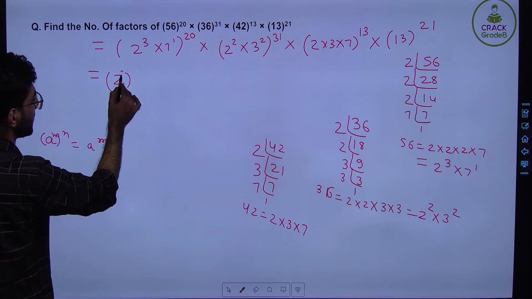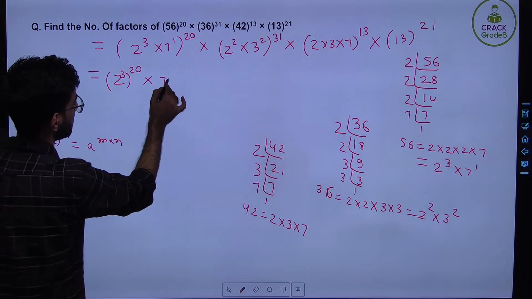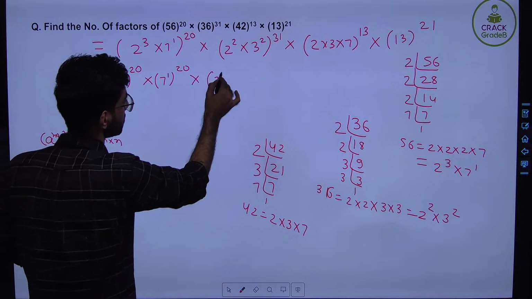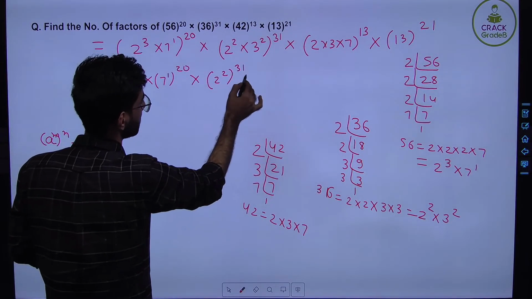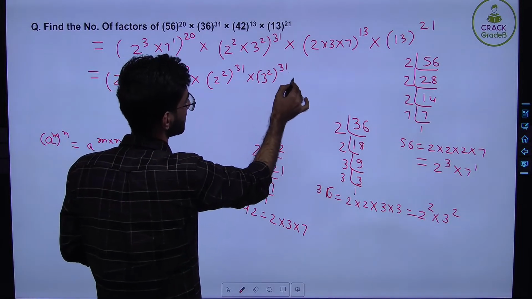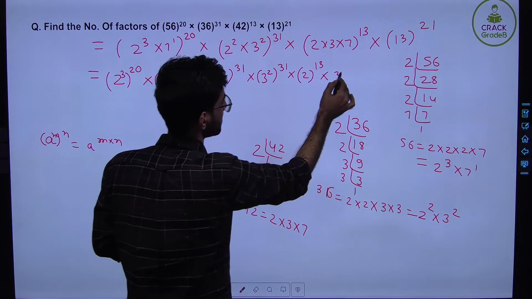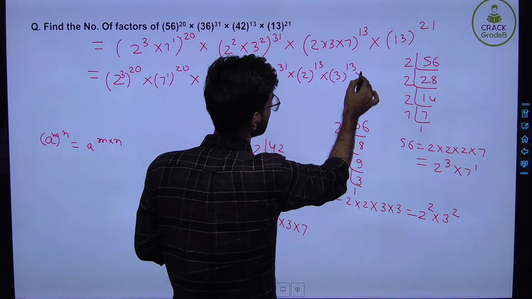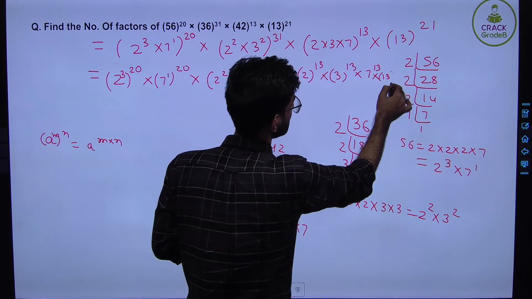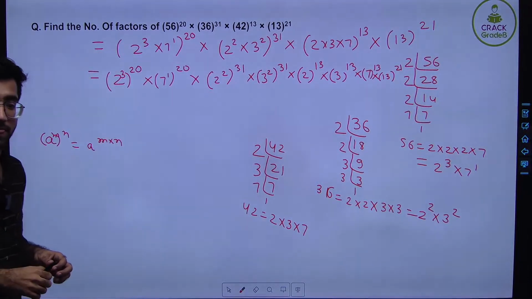So 2 to the power 3 into 20, 7 to the power 1 into 20, 2 to the power 2 into 31, 3 to the power 2 into 31, then 2 to the power 13, then 3 to the power 13, then 7 to the power 13, and then 13 to the power 21. Any doubt till now?